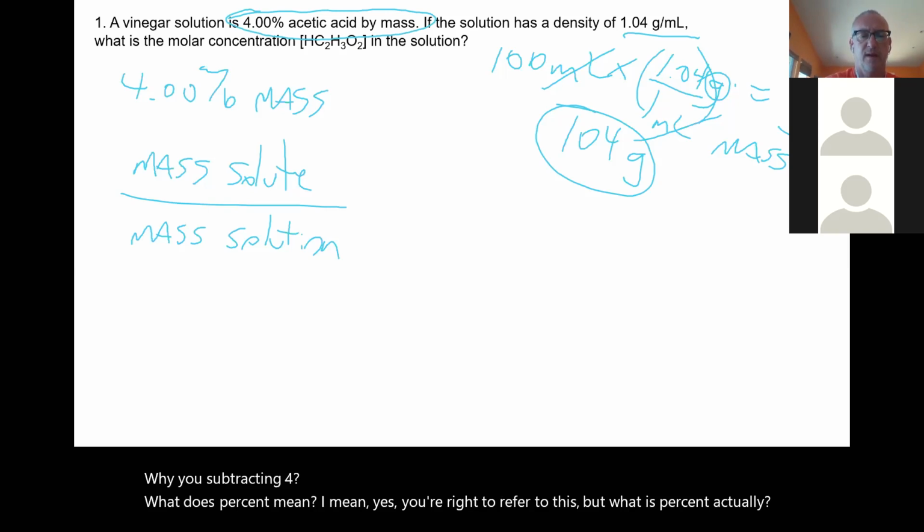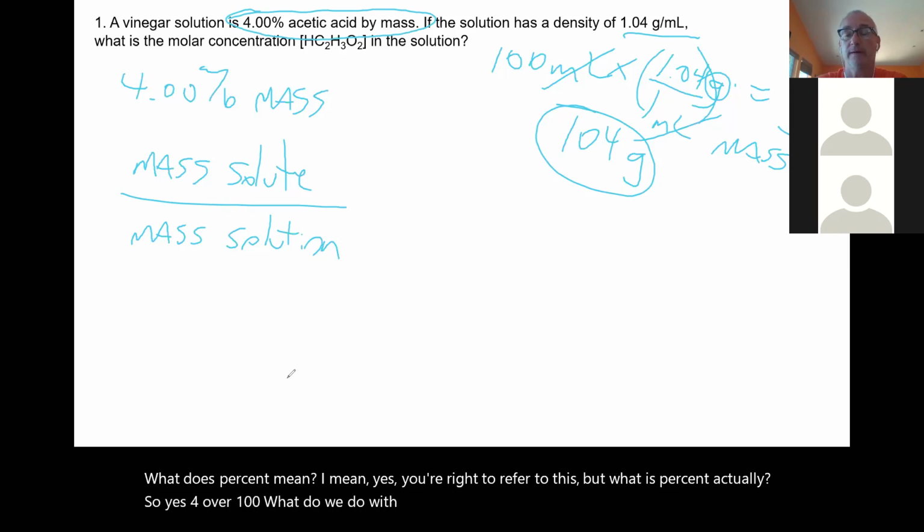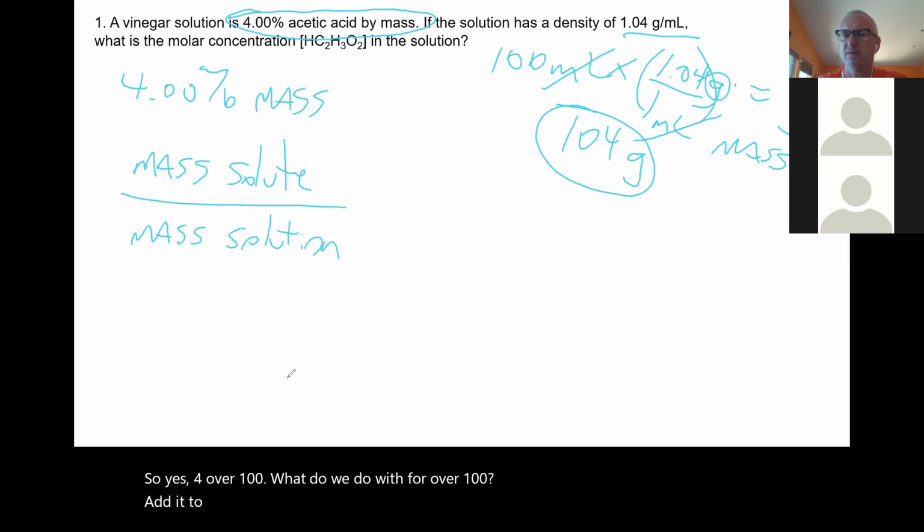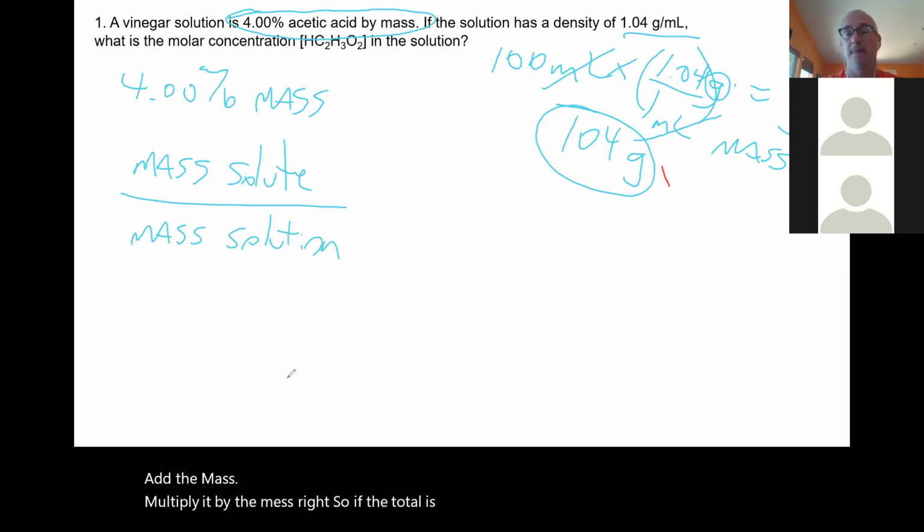Wait. So yes, 4/100. What do we do with that 4/100? Add it to the mass. Add it to the mass? No, multiply it. Multiply it by the mass, right. So if the total is 104, the mass of the acetic acid is 4/100 of that.